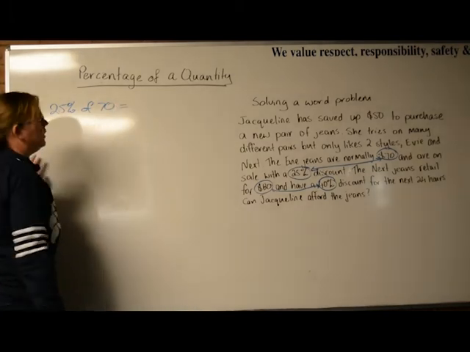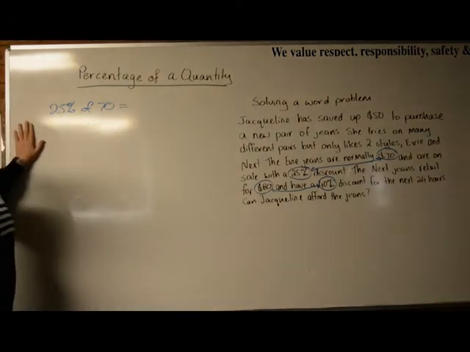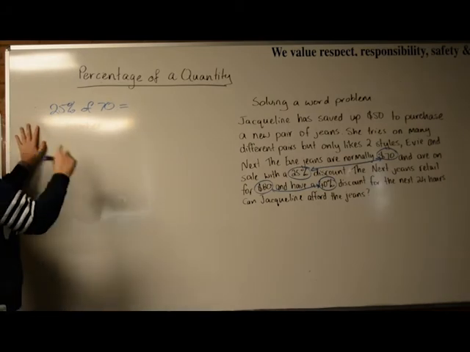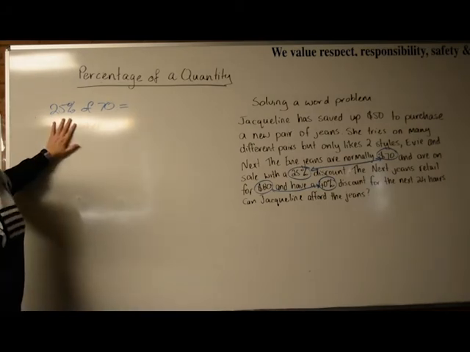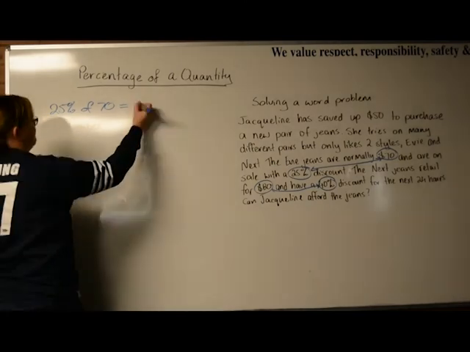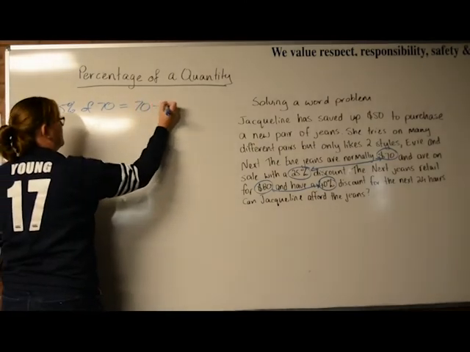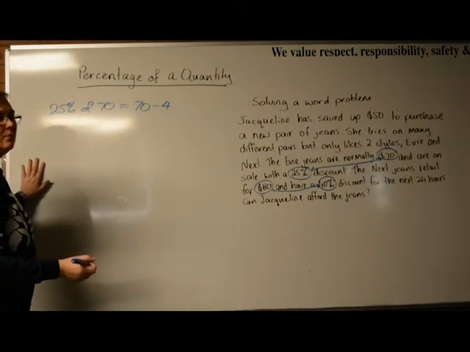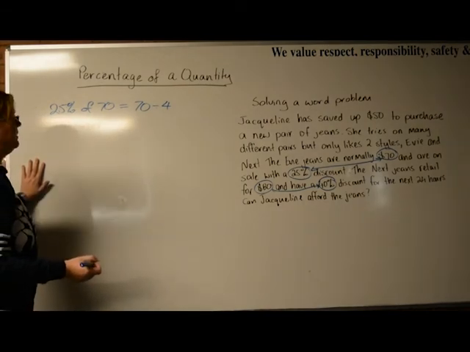What can we do to find 25% of 70? Divide it by 4. Why am I dividing by 4? Because it's quarters, so we want to divide by 4. Wouldn't you divide it by 2 first and then 4? Why, when you can just divide by 4?